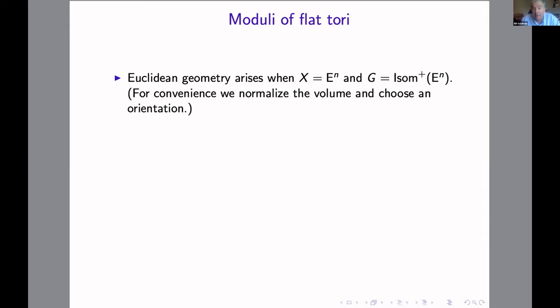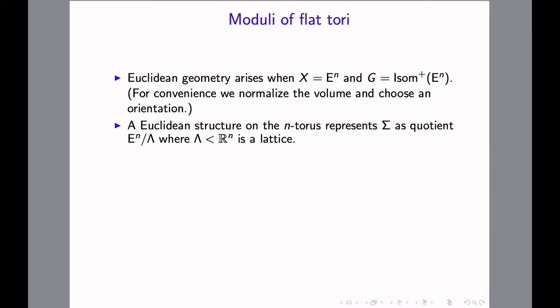So the first example I want to give is quite familiar. Euclidean geometry is the geometry of Euclidean space invariant under its full group of isometries. I want to normalize the volume and choose an orientation to make the statement simpler. And then the topology I want to take will be the n torus sigma.